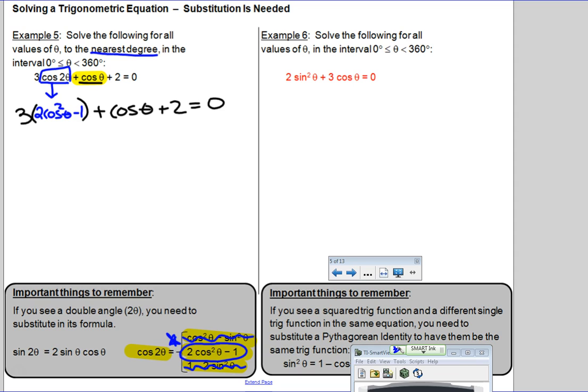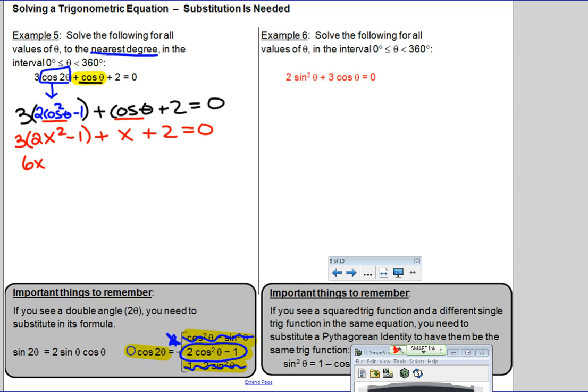So we're just substituting an equal for an equal. Now at this point, you may want to change it to x's. So cosine and cosine theta are both the same function. So now you can use an x. That might be to your advantage. So I'm going to do it by replacing it with x's and solving it like normal.